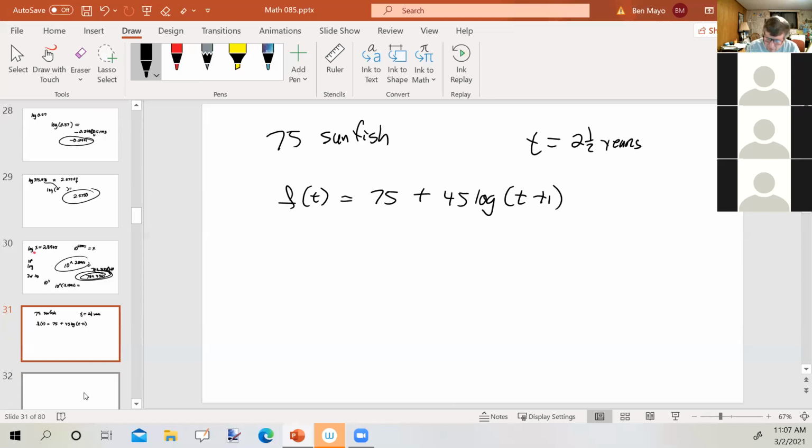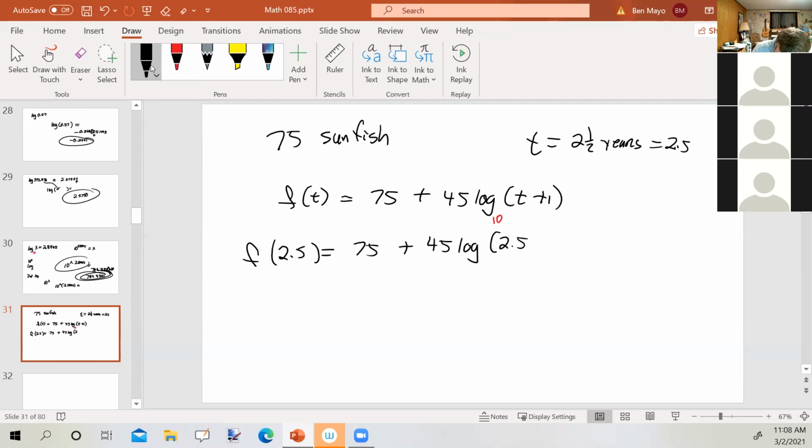Now, notice log, so that's log base 10. T is 2.5. Let's use 2.5 just to make it easier to work with. So f of 2.5 equals 75 plus 45 times log of 2.5 plus 1.